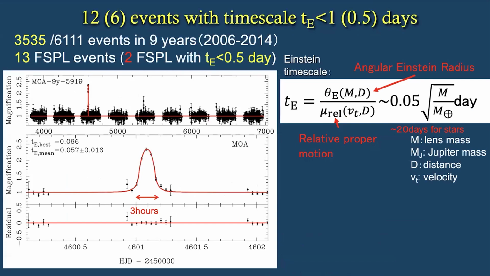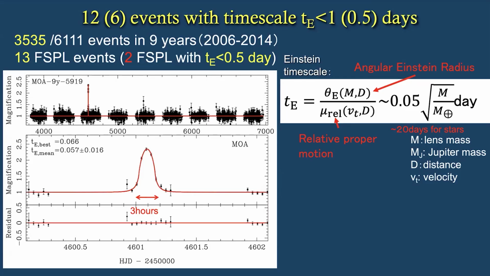After we analyzed the 9 years of MOA data, we found 6,000 microlensing events, but we selected only the 3,500 high quality events. In this sample, we found 12 events with a timescale of less than 1 day, and 6 of them have a timescale of less than 0.5 days.